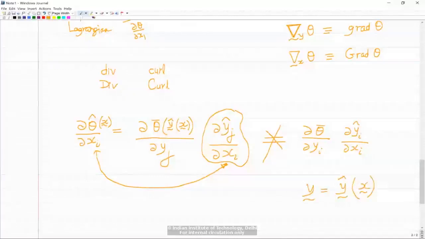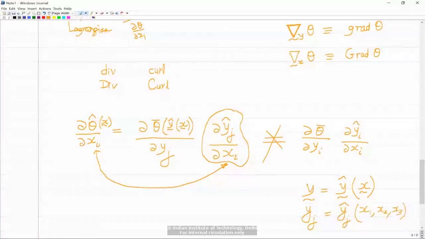Or expressed component wise, you can say that yj, the jth coordinate, is given by the jth coordinate of this function y hat in terms of the 3 components x1, x2, x3.